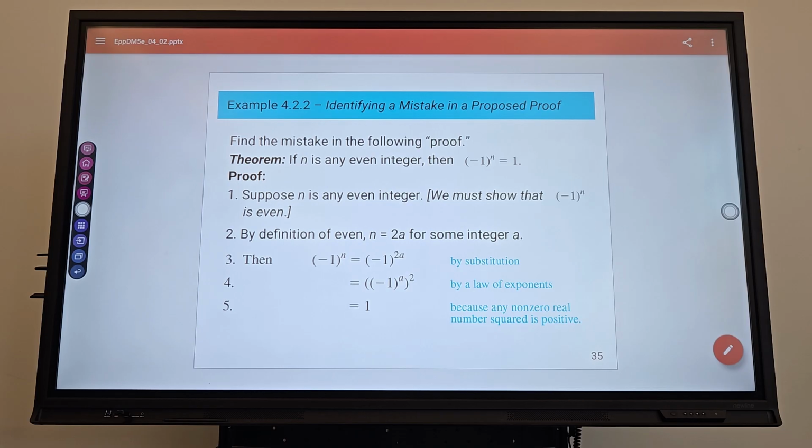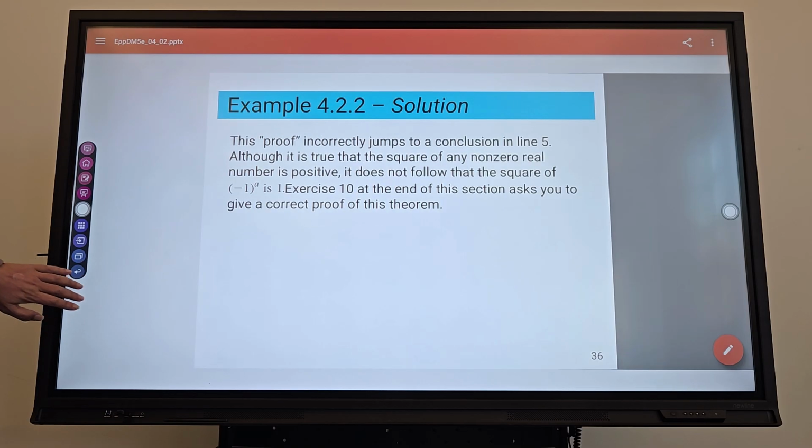Because any non-zero real number squared is positive, you say it equals 1. But what is the problem?